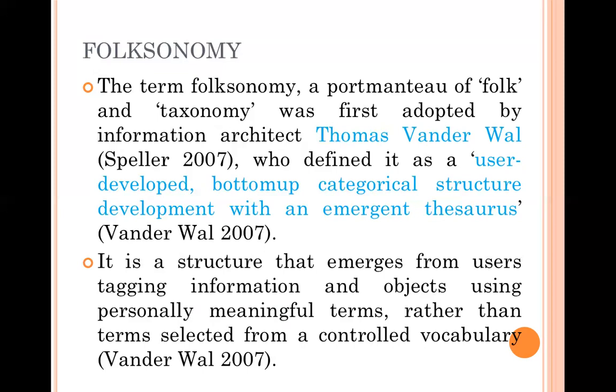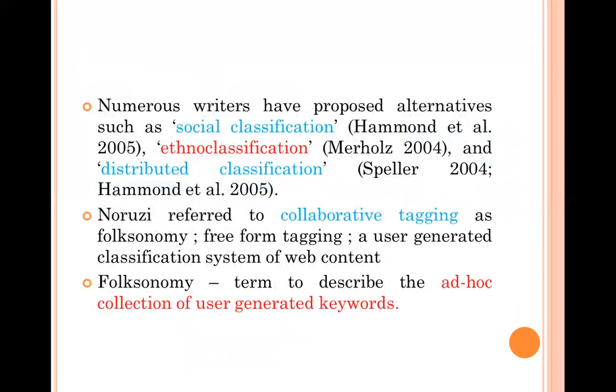Whenever you read something, you provide tags, you provide keywords. Whenever you want to describe an e-resource as a librarian, you are not going to take any term from a classification scheme or a thesaurus or subject headings. Instead, you are going to choose the terms given by the users. That is what is called FOLKSONOMY.